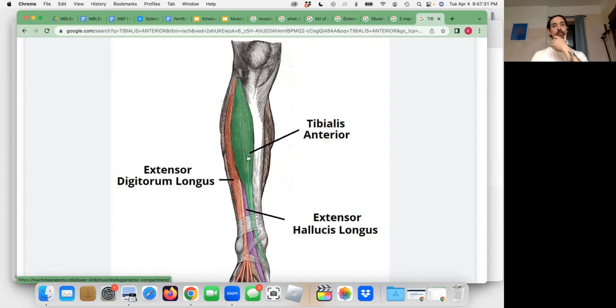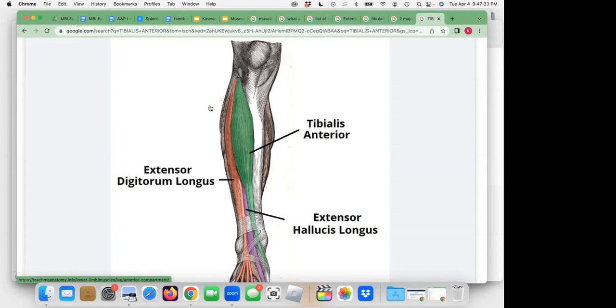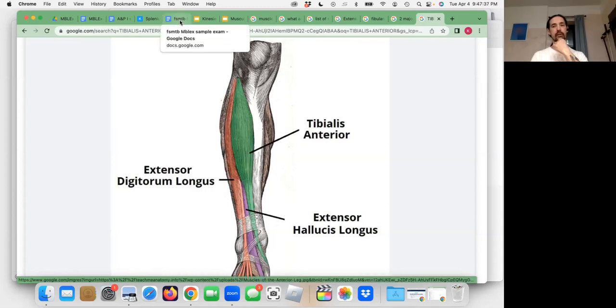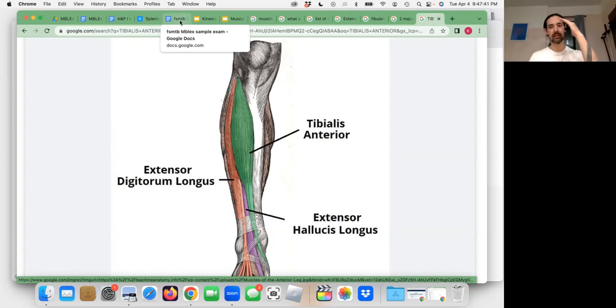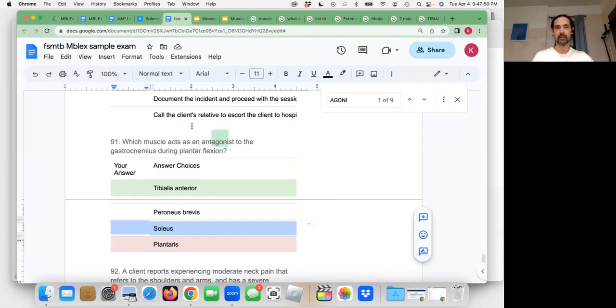You good with that so far? Yeah, I'll just have to review it. Yes, that's the top layer, the surface layer knowledge, like level 1 knowledge. So you definitely got to get that layer: tibialis anterior, gastroc, and soleus.